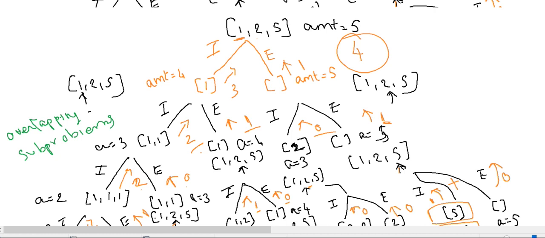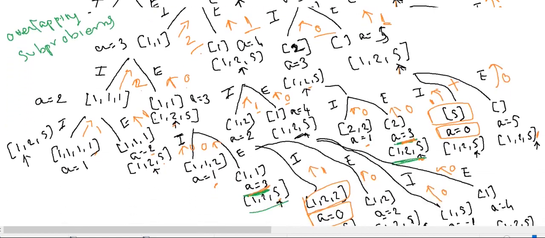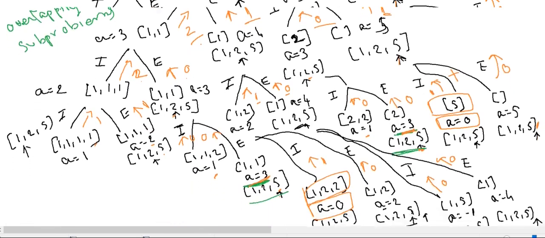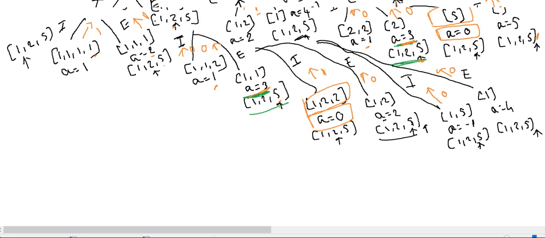Okay. So now if you look at this tree, each node has 2 branches. So the branching factor is 2. What is the height of the tree?